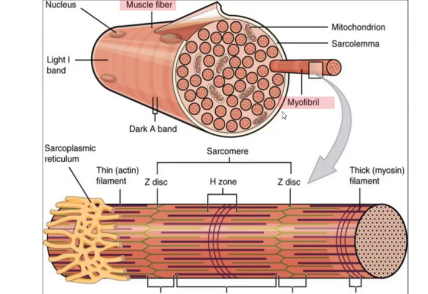Now this bottom picture is where they've taken just one of the myofibrils out of the muscle fiber, out of the cell, and we're looking just at the myofibril because this is the thing that's going to cause the cell to contract. So that's why it's so important to understand what's going on here.